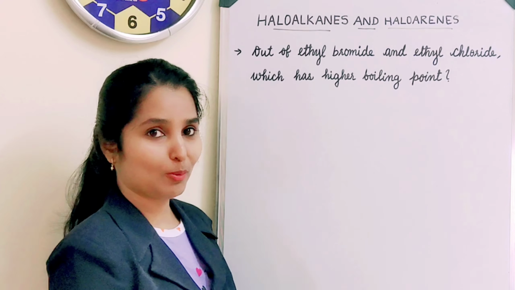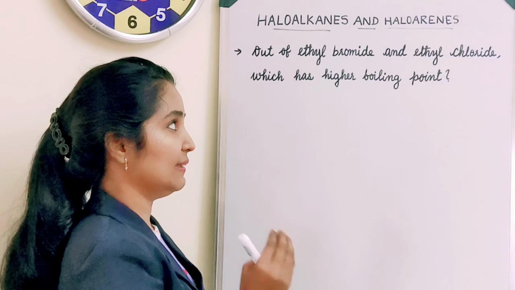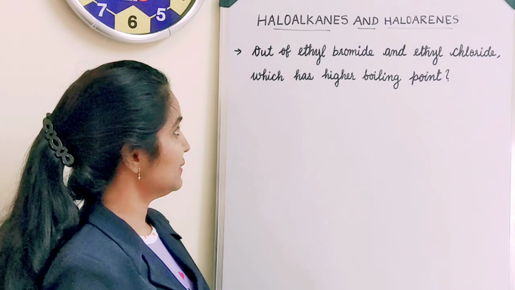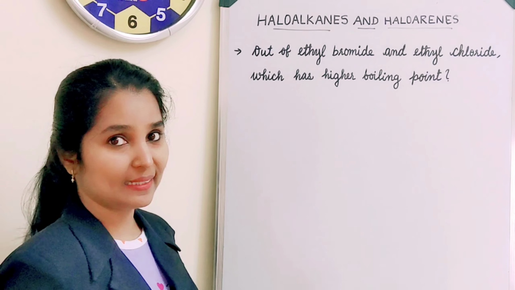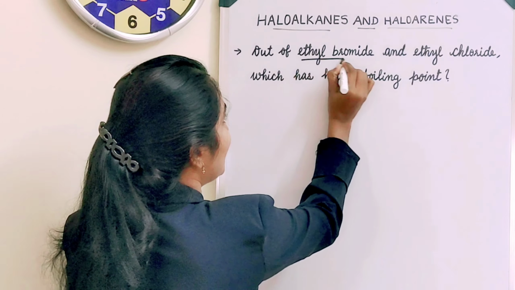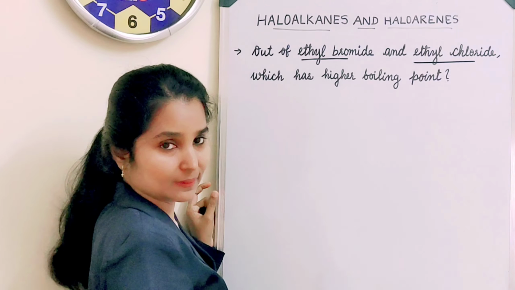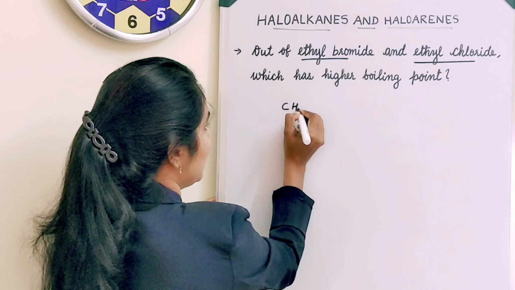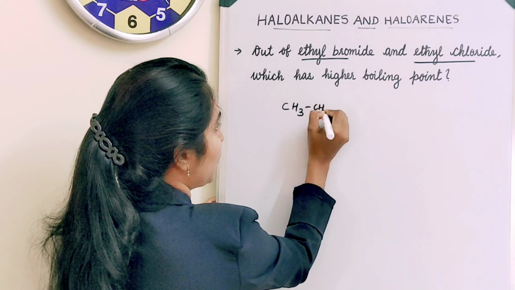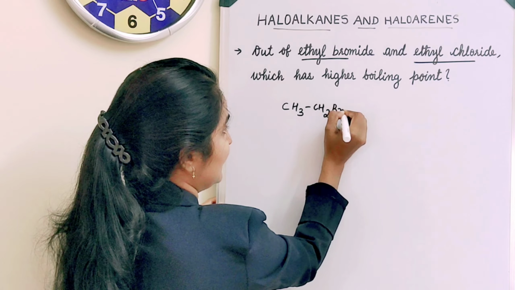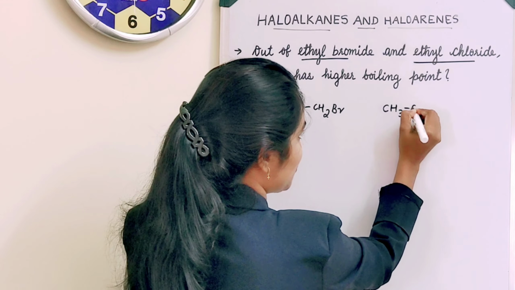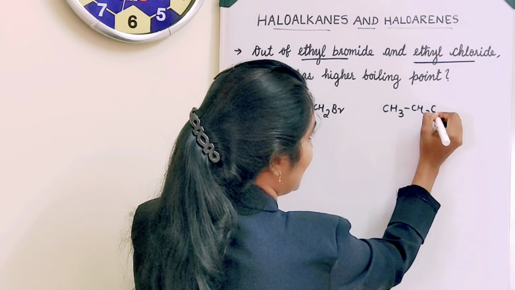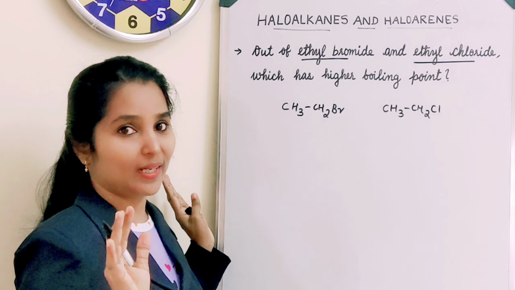Out of ethyl bromide and ethyl chloride, which has the higher boiling point? So we have given here two alkyl halides, ethyl bromide and ethyl chloride. CH3, CH2, Br, ethyl bromide, CH3, CH2, Cl, ethyl chloride.